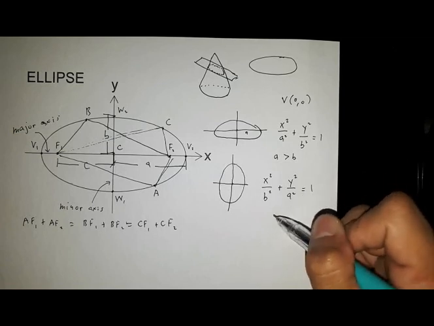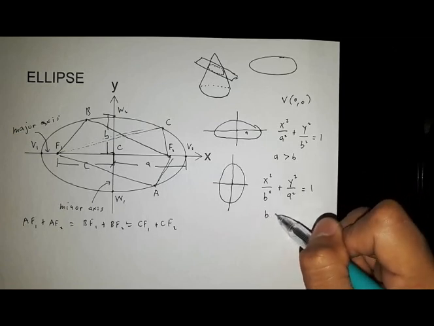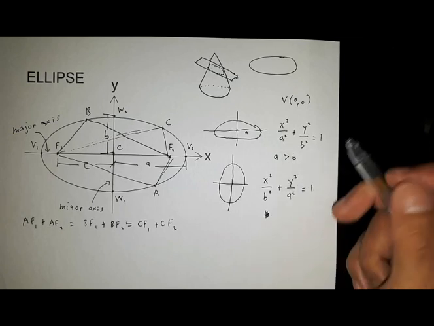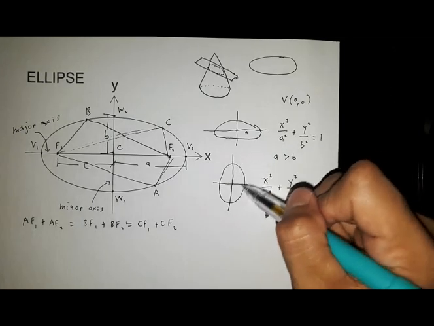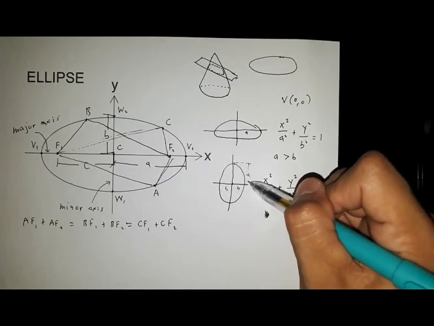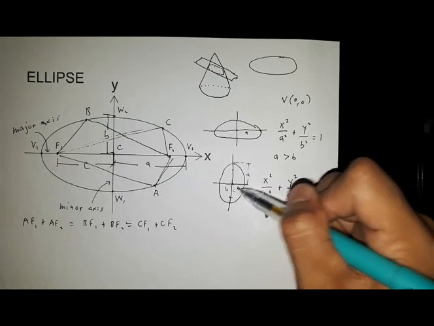In this case, here b is greater. So your b is here and your a is here. And here is your c.